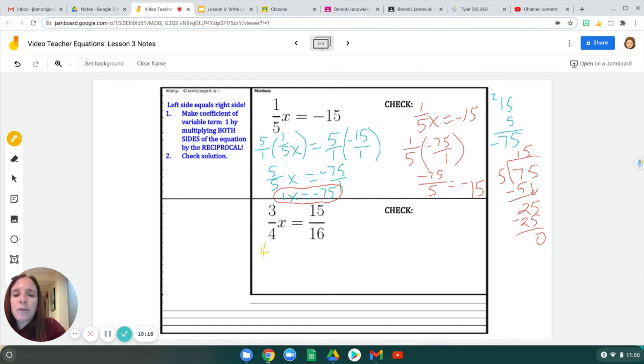So we're going to do 4/3 times 3/4 x. And we're going to put that equal sign and we're going to bring that reciprocal over, 4/3 times 15/16.